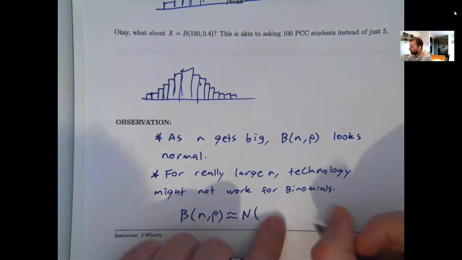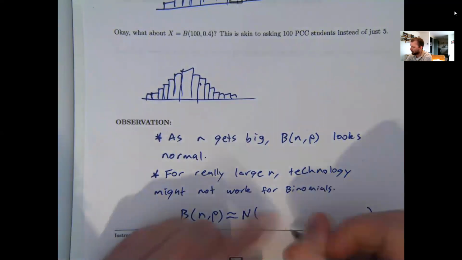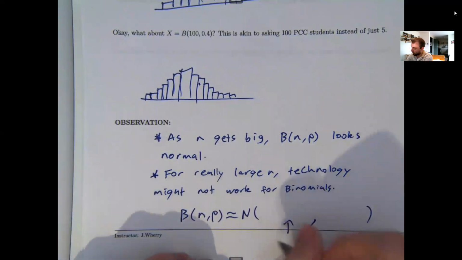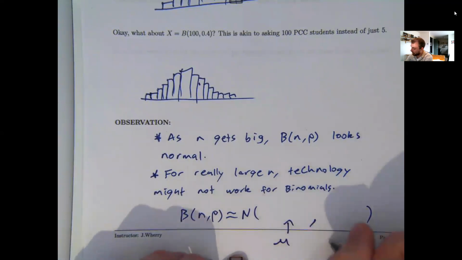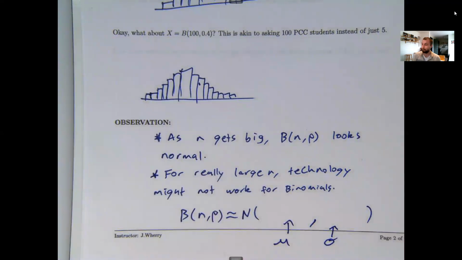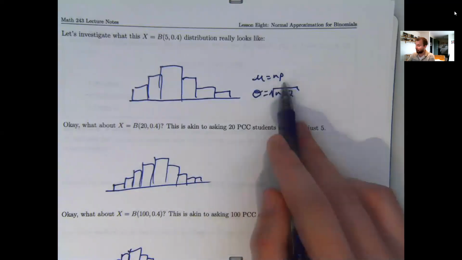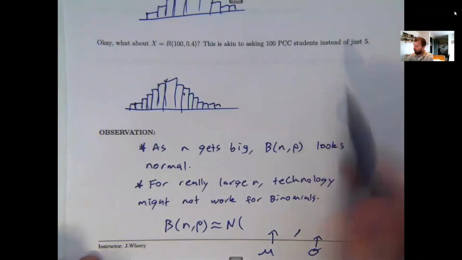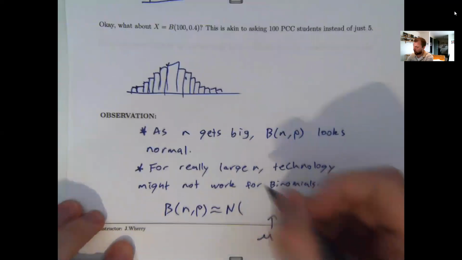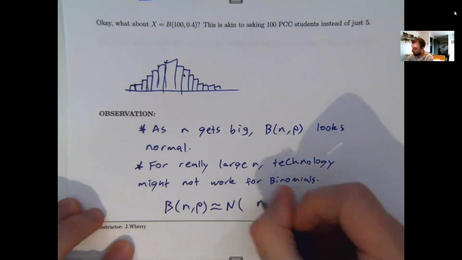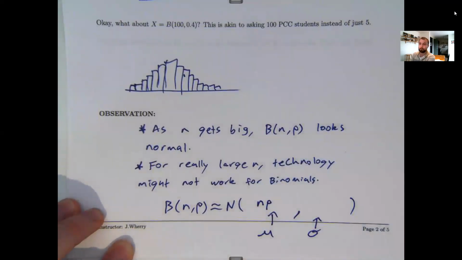So if it looks like a normal distribution, the only thing I need to know is how do I find the average and the standard deviation for binomials? Well, going back to the top of the page and thinking about this Batman problem, I found my average by doing n times p. So my center for these models, when I graph them, is going to be whatever n times p is.